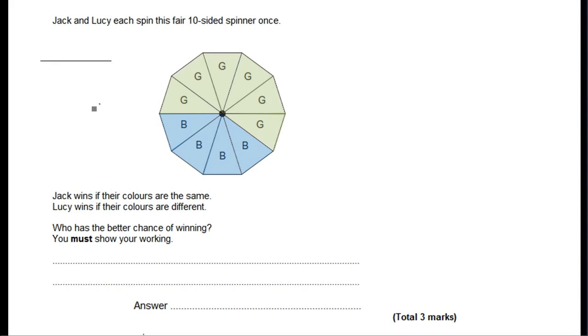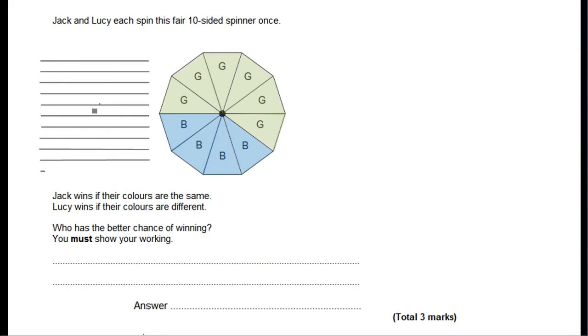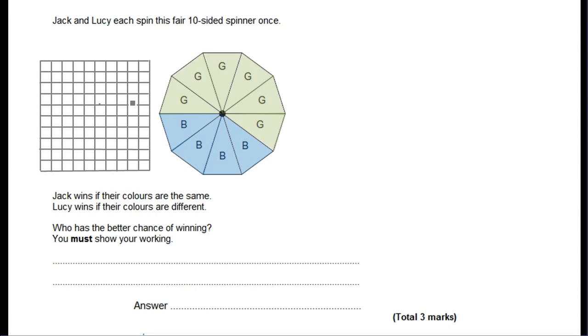Let's just speed this up. Okay, so we've got a grid nice and quickly drawn like that. What we can do then is think about our axes, our column and row headings. So now we've got the idea of the greens. There are 6 possible outcomes that are going to be green in the first event.